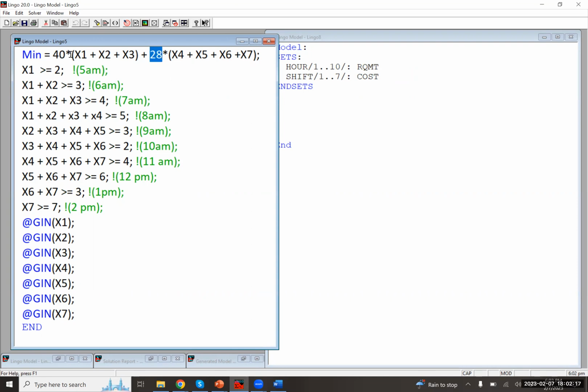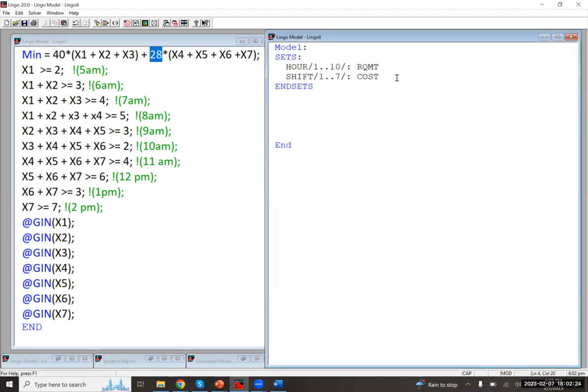So later on, we're going to provide these numbers for cost in the data section. And what other attributes do we need to put in here? The decision variable, X variable. So I'm going to put X here. That's the number of student employees who will begin working each shift, right? And I think that's it, right?